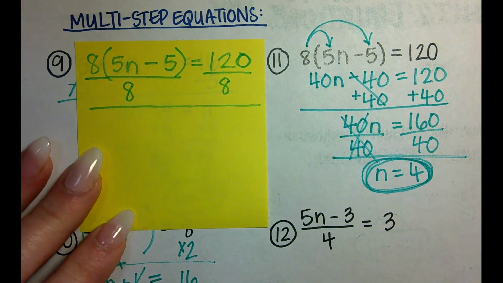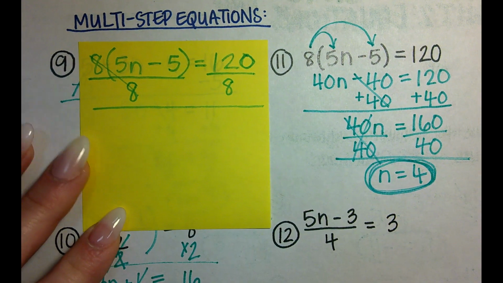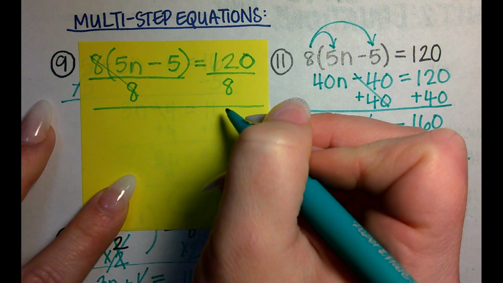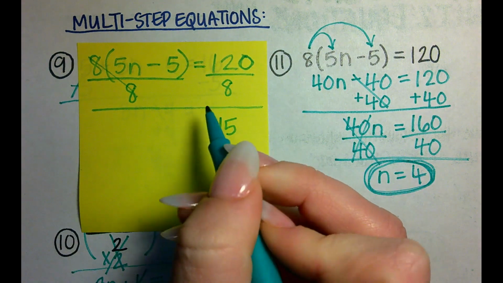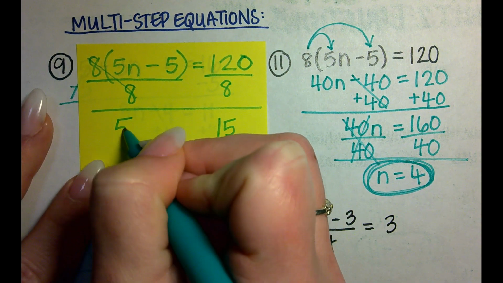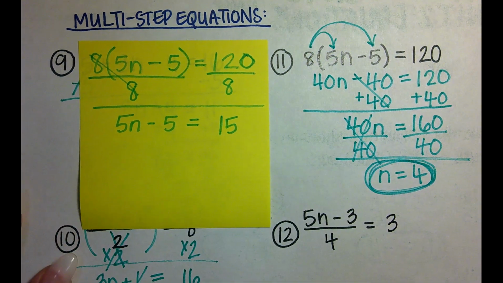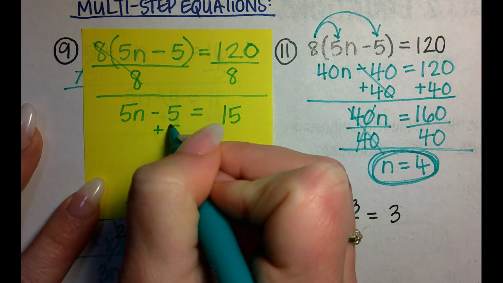Okay, so what happens here? The 8's cancel. And what do you get for 120 over 8? You get 15. Okay, perfect. 15. And what gets brought down? You bring down the 5n minus 5. Perfect. Now you add 5.